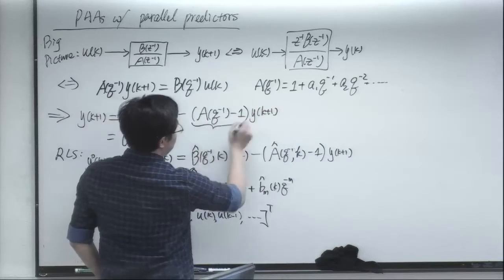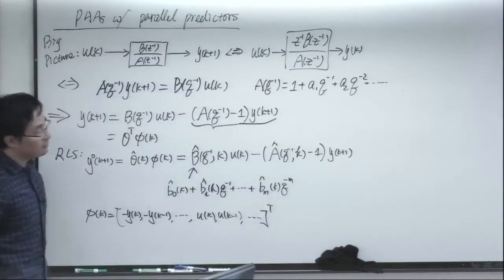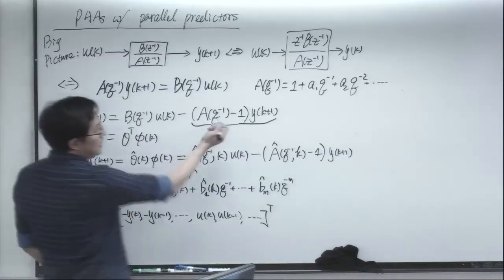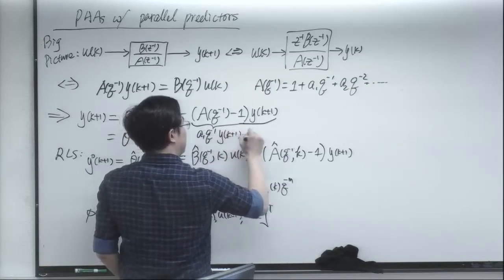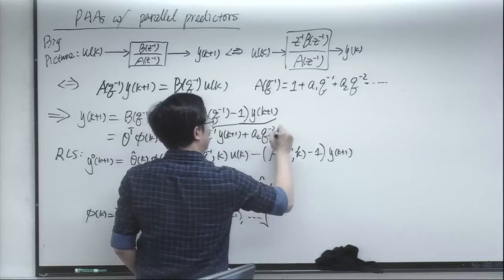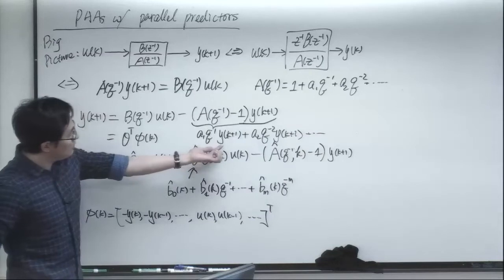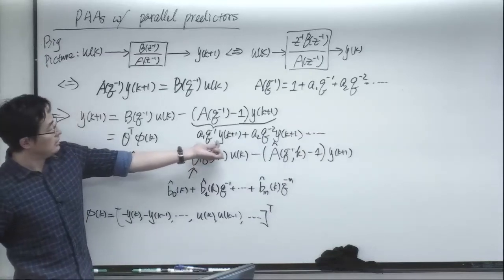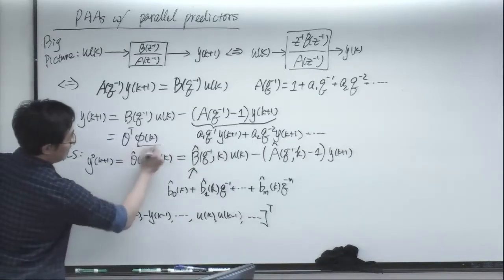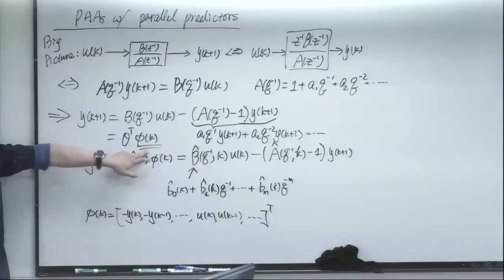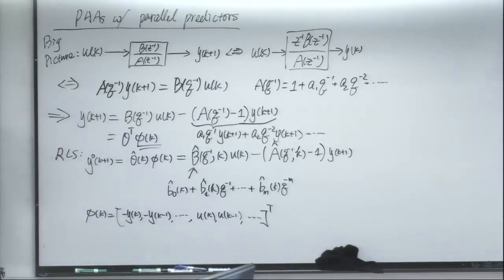Therefore, if we take a look at the whole thing that involves the output y, this is really using only information up to time k because of the shift operator here. So therefore, we have the index phi of k instead of k plus 1. All right? So that's the basic modeling technique.